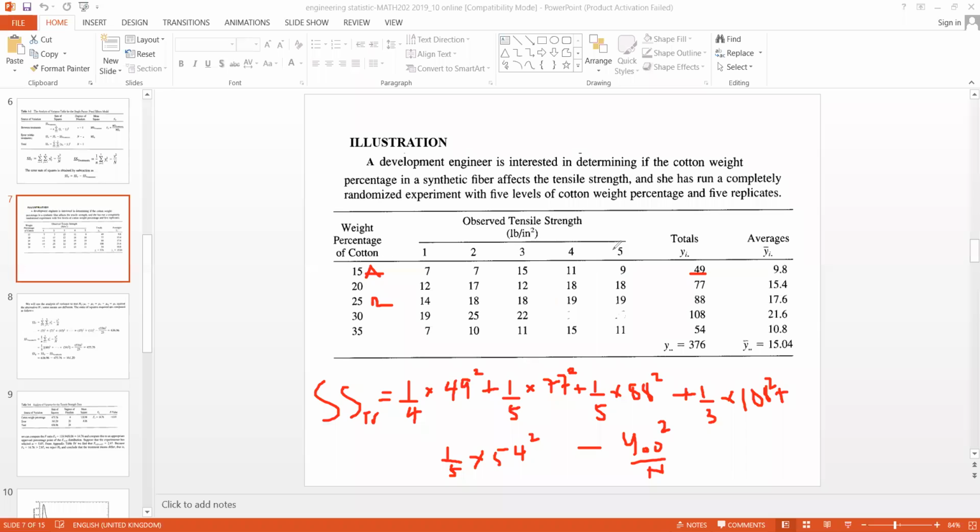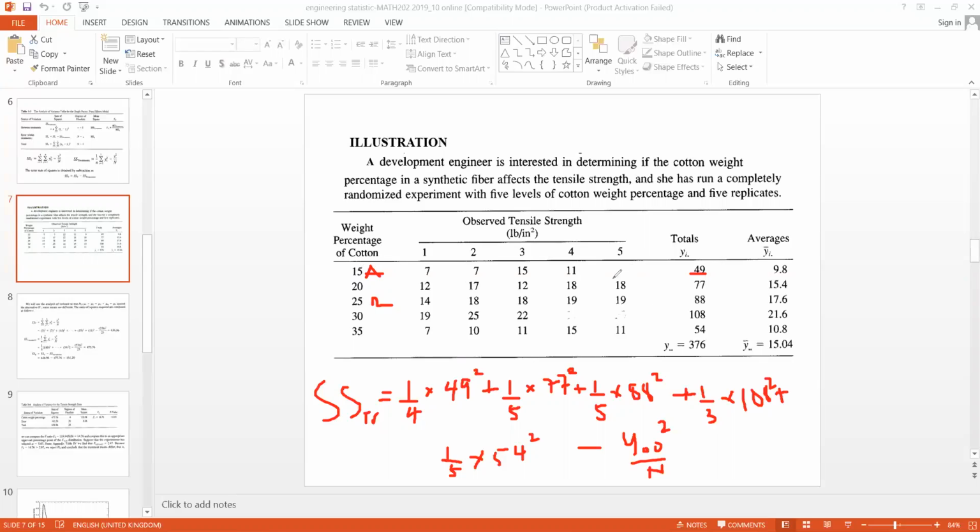Okay. What we are saying here is we change the design a bit. You see, I've erased one of the data. Can you see that? Yes. So assuming your data was like this, where for the 15% cotton you have just 4 observations, and for 30% you have 3 observations, not 5.